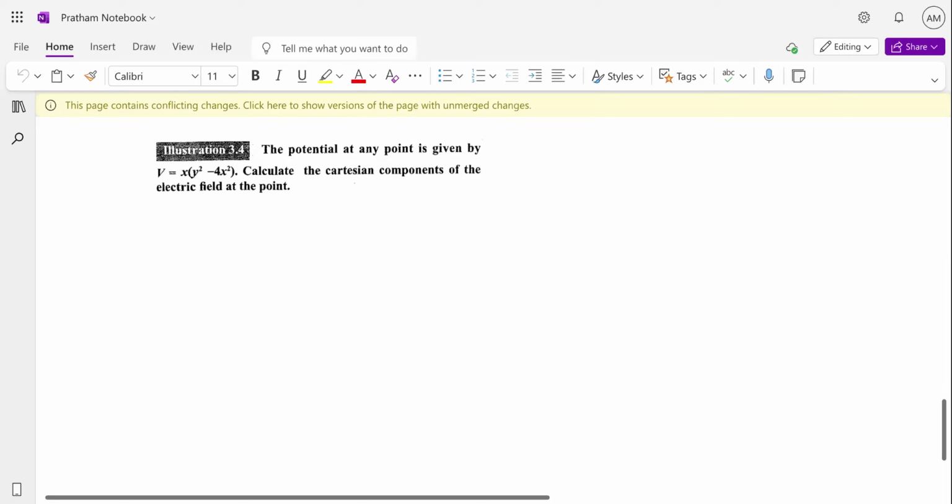And Ez? 0. Yeah, that's fine. You can see in the potential we don't have any z expression. It means the voltage doesn't depend upon the z coordinate, so the Ez component comes out to be zero directly. Clear? Yes.